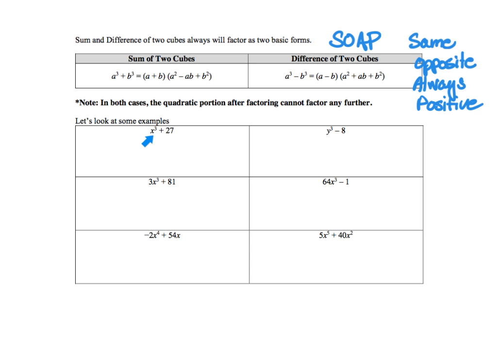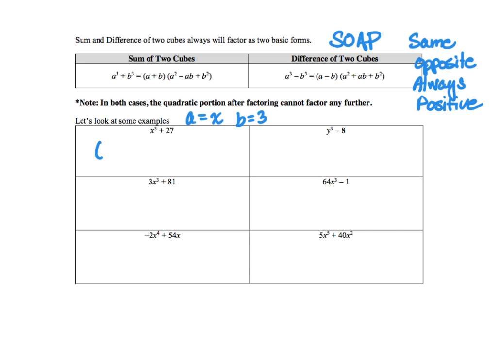Now, as I look at the first one, this is the sum of cubes. If I look at how to factor it, I know that A is equal to x, and B is equal to 3. That's the cube root of 27. So now at this point, all I have to do is plug into my formula here.